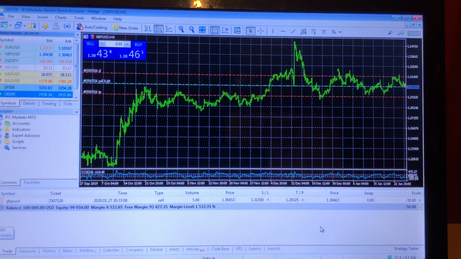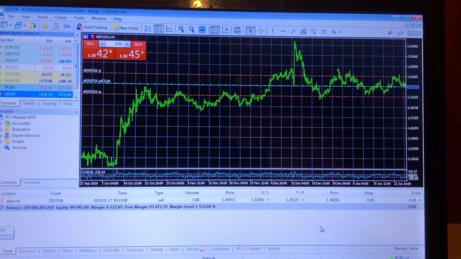And so we're making a £50 or $50 loss at this precise moment. And it doesn't look like it's moving very fast. I think the end of the market, it'll be coming into the American market just now. So it looks like it's quite quiet.